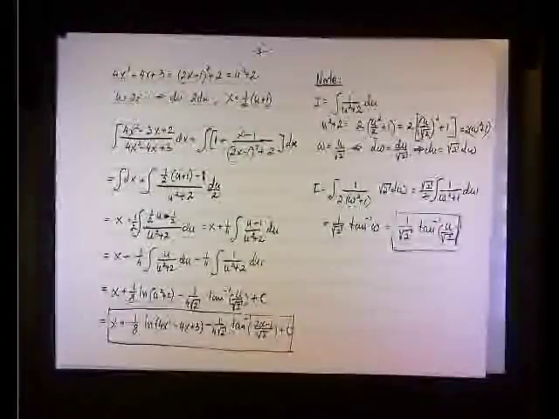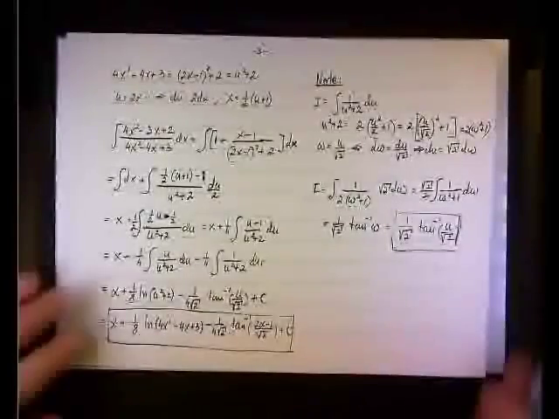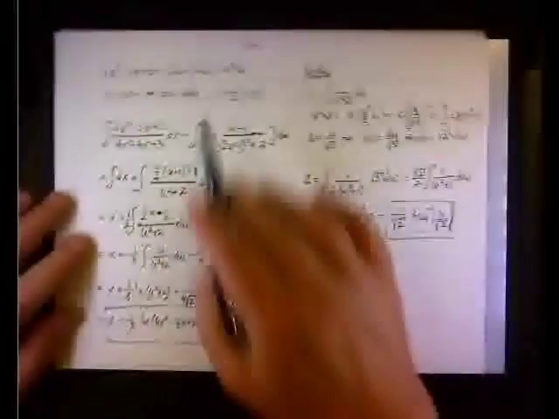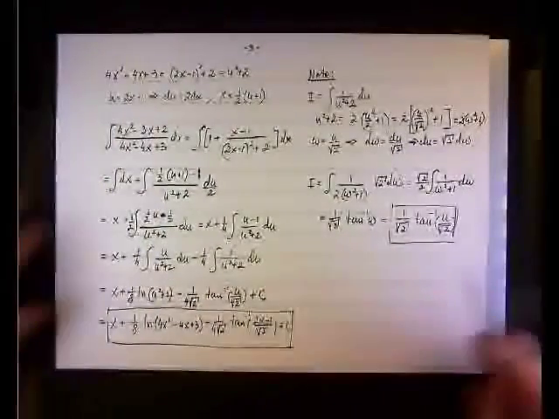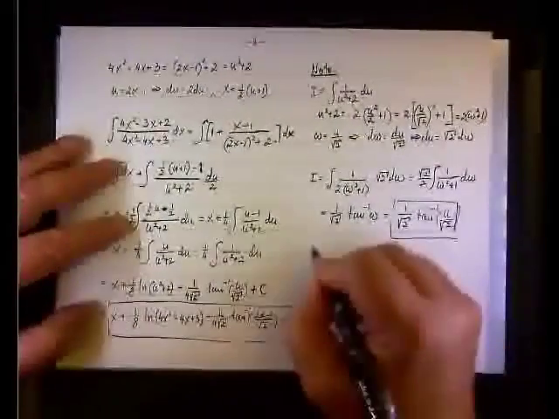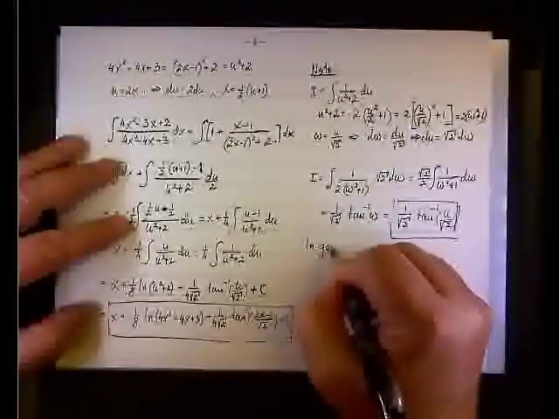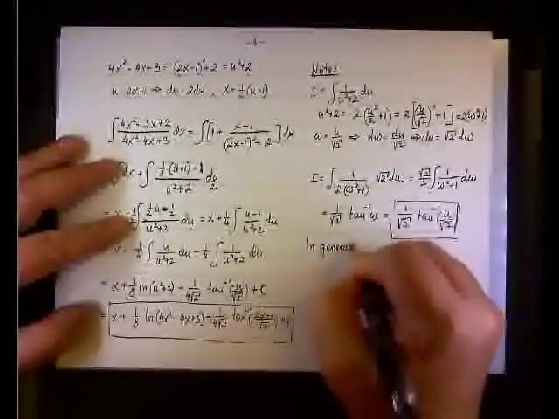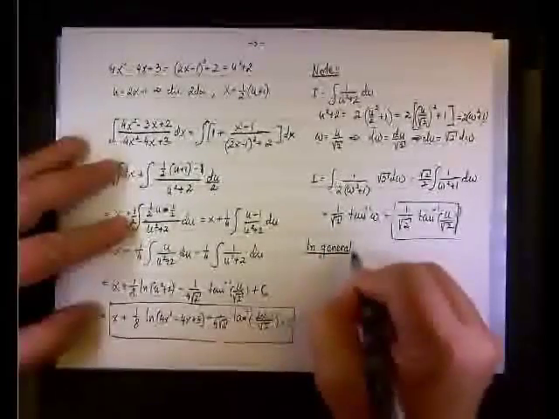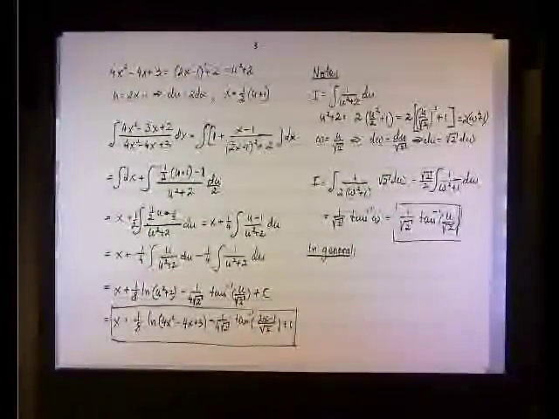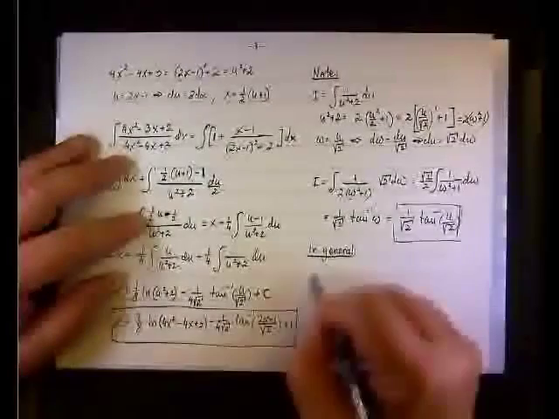Let me see, how you remember where we started. We started with completing the square. So you can say that in general, the integral of a quadratic factor has a pattern.